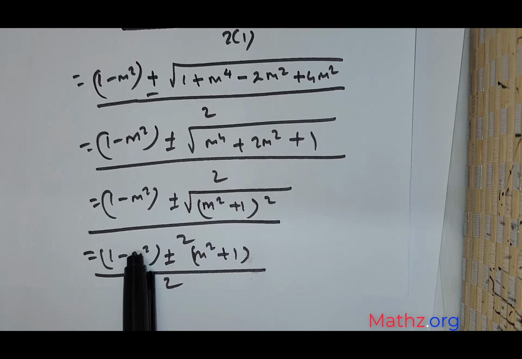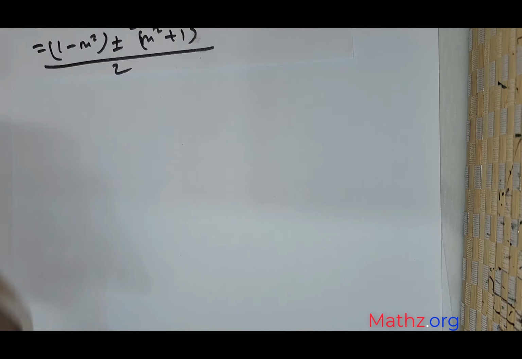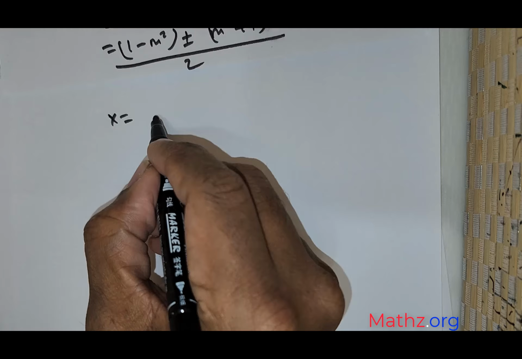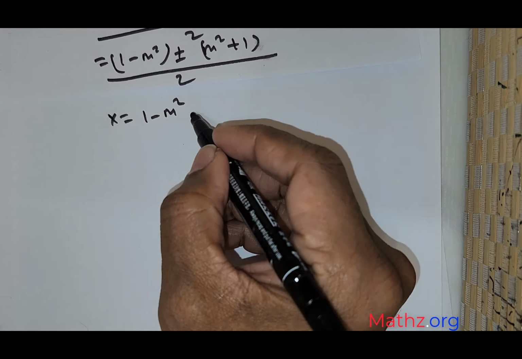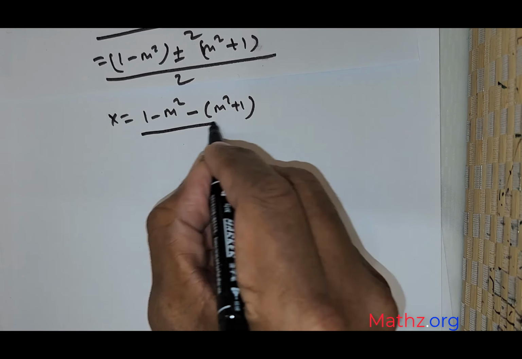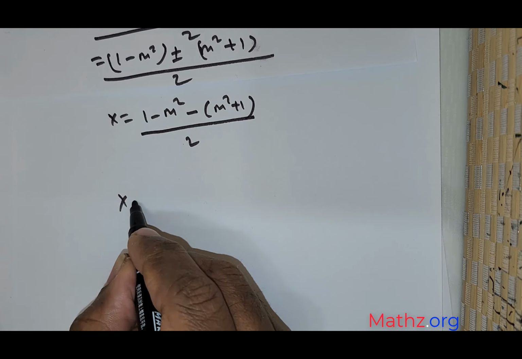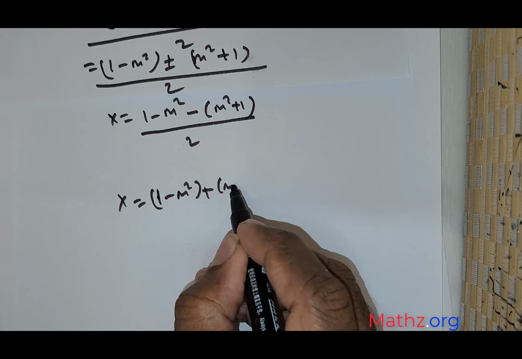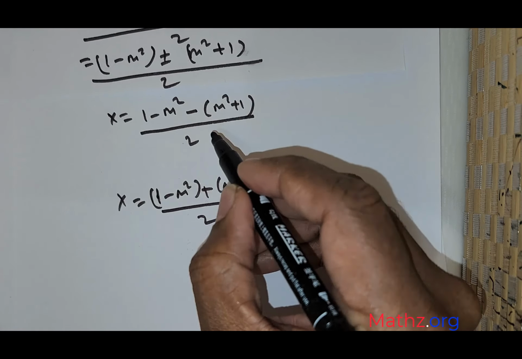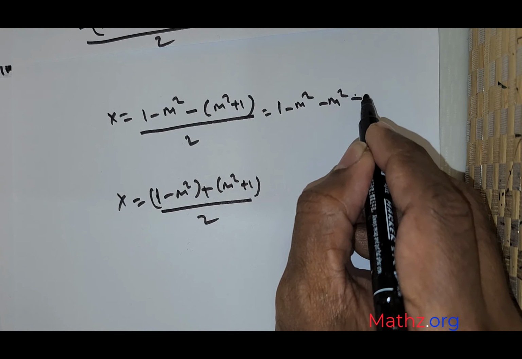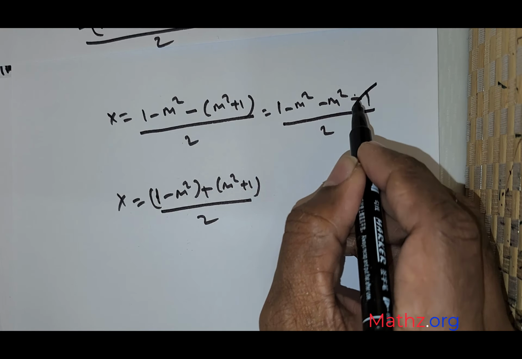So from here x will take 2 values. So let me get those values. So x will be equal to 1 negative m squared followed by negative of m squared positive 1 divided by 2, and then the next one is x is equal to 1 negative m squared positive of m squared positive 1 divided by 2. So from here I would have 1 negative m squared negative 1 divided by 2.